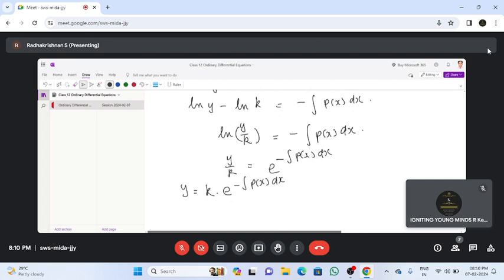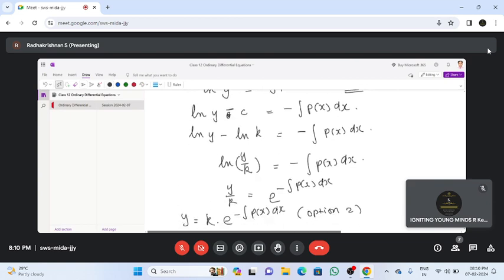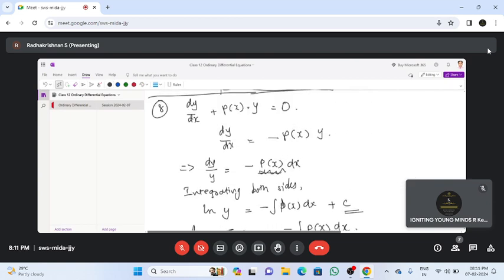Instead of k, they have used c. So you can match with c. It's y equal to c into e power minus integral p dx. Option 2. Done. Problem number 8, right?